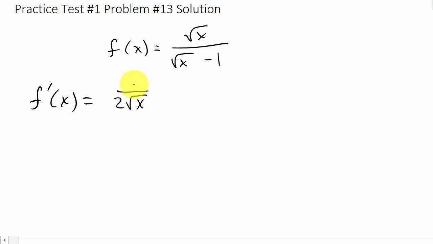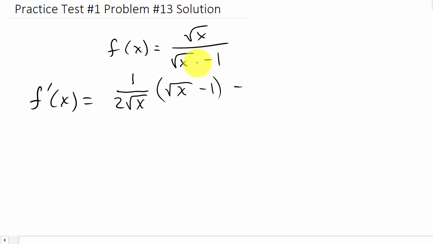Then in the numerator, you put the derivative of what's underneath the square root. So the derivative of x is 1. So this is the derivative of the square root. And like I said, check out that video, shortcut for finding the derivative of a square root. I've worked several examples.